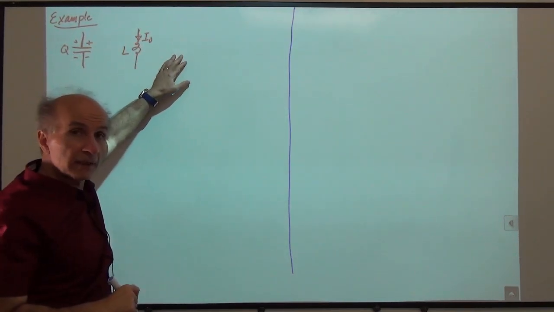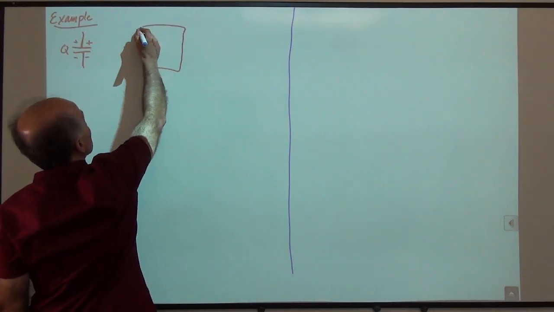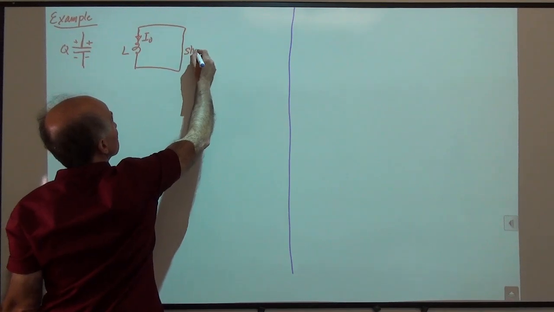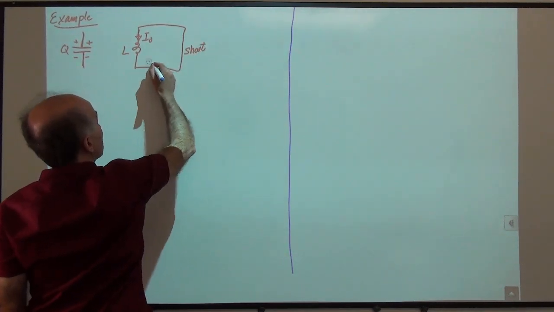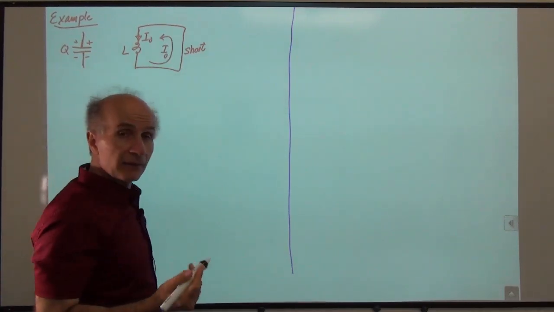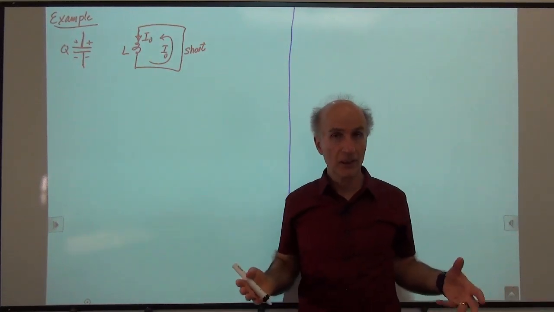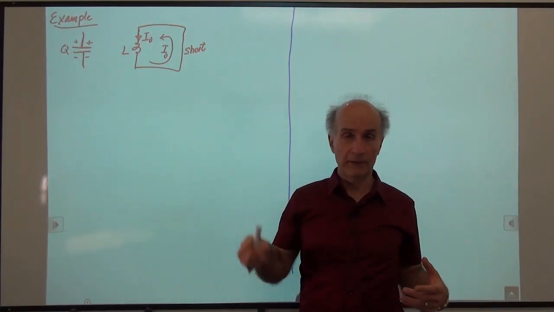We cannot leave it open. But if we connect it to a short circuit, then this I0 can circulate indefinitely. So the inductor maintains its initial condition and the current just flows forever.